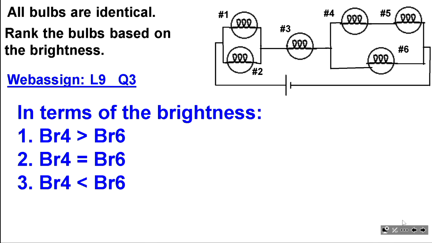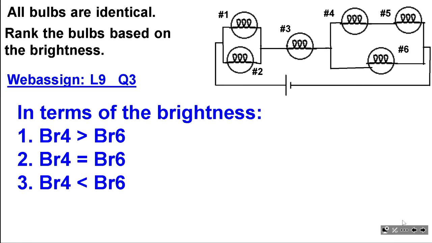If you look at the bulb 4 and you look at the bulb 6, are they connected in series? Definitely no. In parallel? No. They would have been connected in parallel if bulb 5 didn't exist. But the bulb number 5 exists, so they are not connected in any specific way, 4 and 6.